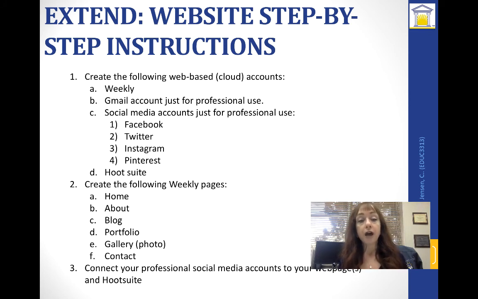And then create the following Weebly pages. Autocorrect corrected that for me. Weebly pages. We need a home page, so that's your home button, an About You page where you tell a little bit about you, maybe a sentence or a paragraph. You should have that paragraph that you wrote on the discussion board when you first started this course. Copy and paste that in.